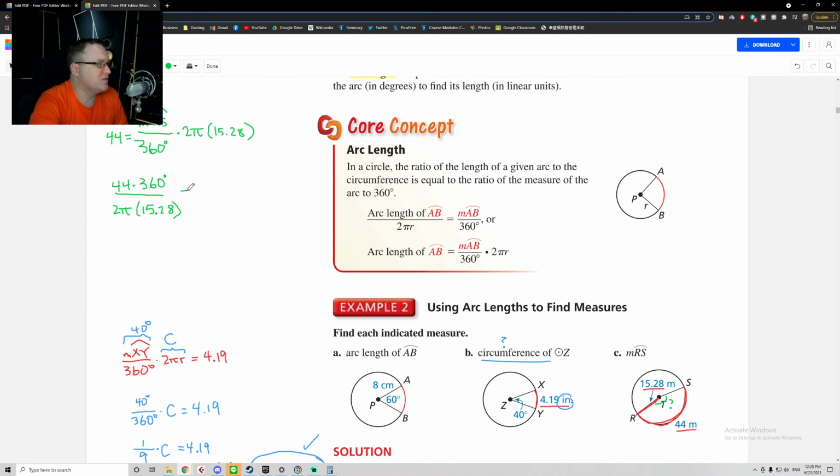And that will leave us with the measure of RS. So we can calculate this out. We can just use a calculator.